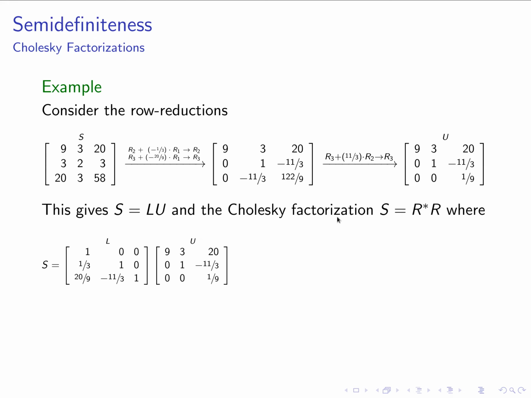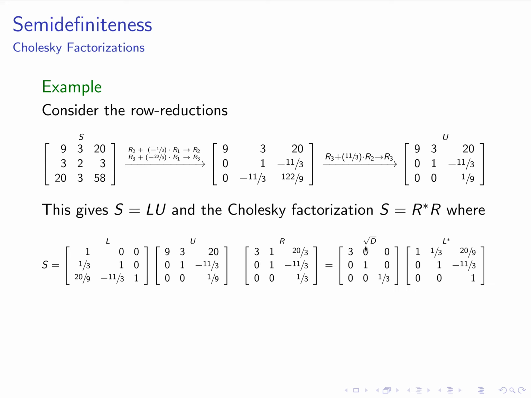Now, the Cholesky factorization is calculated as S equals R star times R, where we define R to be the square root of D times L star. L star is the conjugate transpose of L that came out of our LU factorization, and the square root of D is the diagonal matrix whose diagonal entries are the square roots of the pivot positions in U. So the square root of 9 is 3, the square root of 1 is 1, and the square root of 1/9 is 1/3.